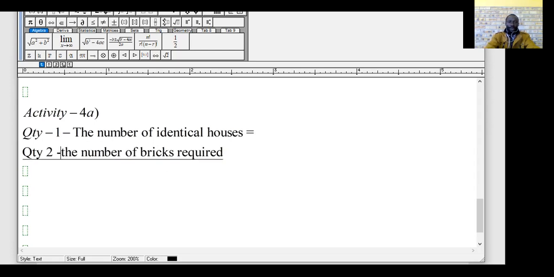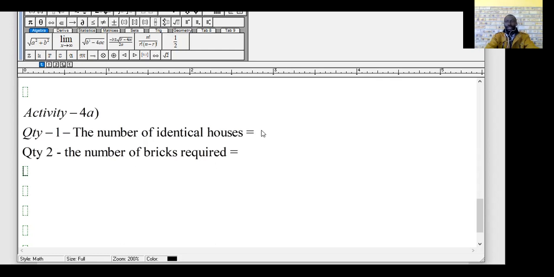Now we can go ahead and investigate whether these quantities are variables or not. Can the number of identical houses change, or is the number of houses going to stay constant?